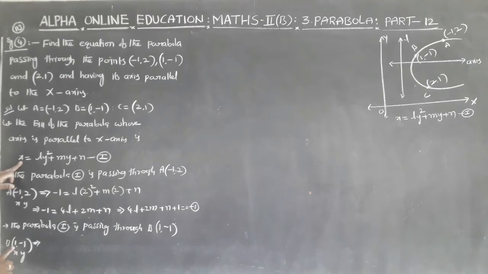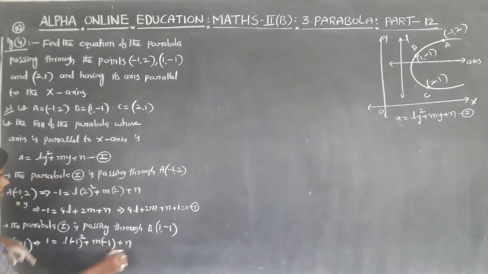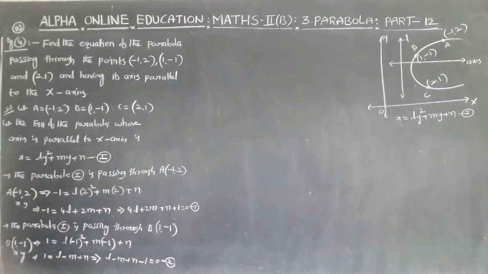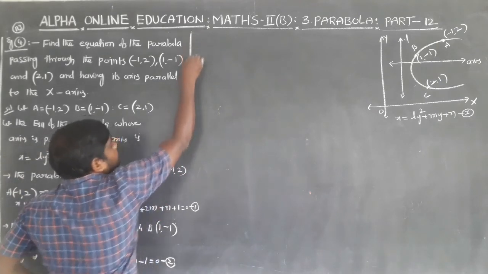So here x = 1, y = -1: 1 = L(-1)^2 + M(-1) + n. So 1 = L - M + n. Taking 1 to the right side, L - M + n - 1 = 0. This is condition number 2.